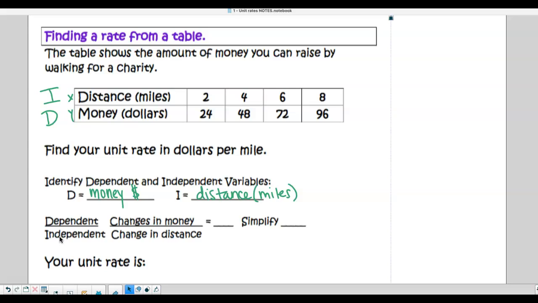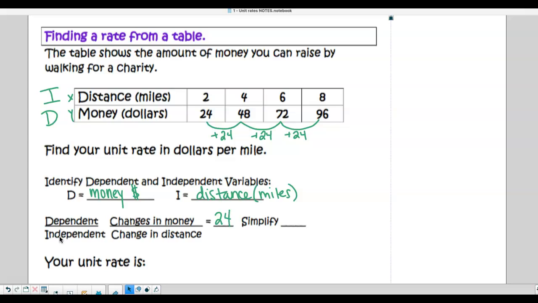The dependent variable goes on top. I want to look at the dependent variable. I'm looking at this table and I'm looking how much is the money changing? How much does the money keep going up by, Abby? 24, right? Goes up by 24, up 24, up 24. So the change in money is 24.